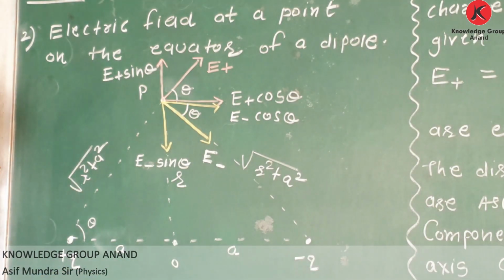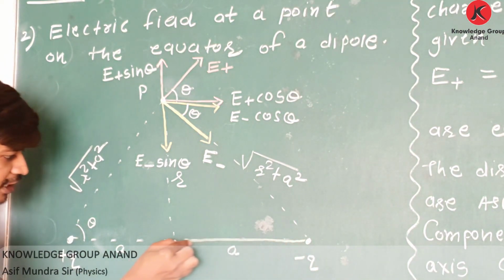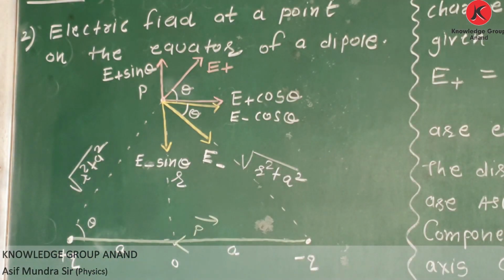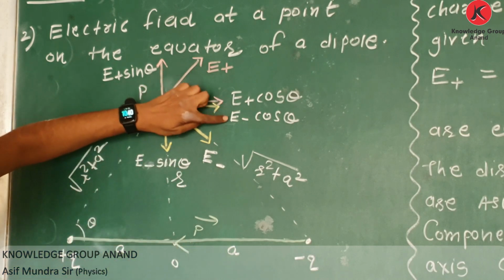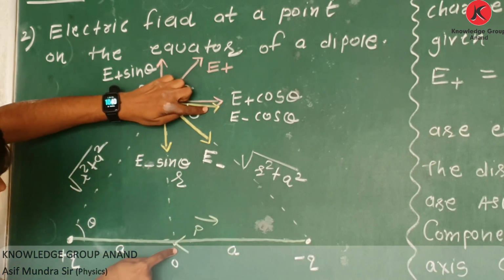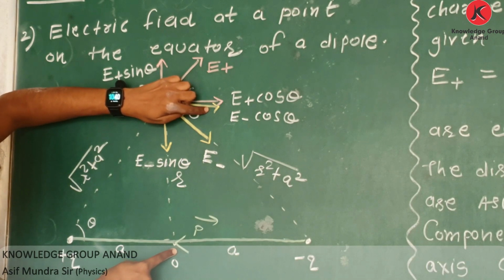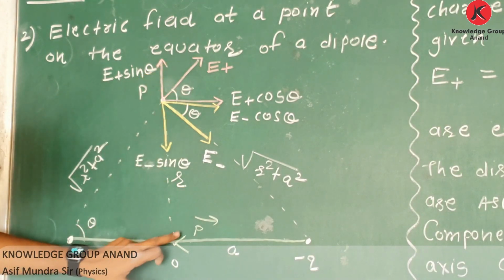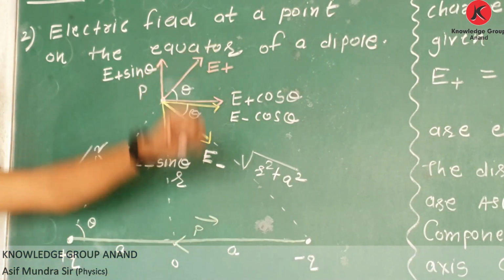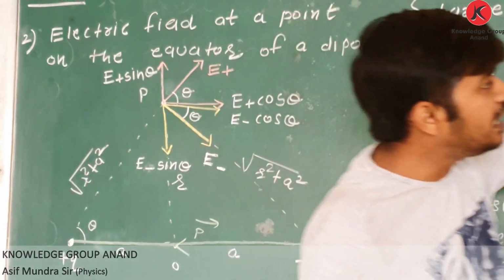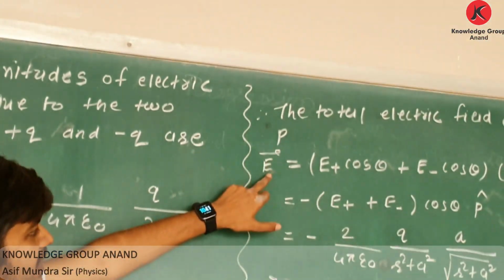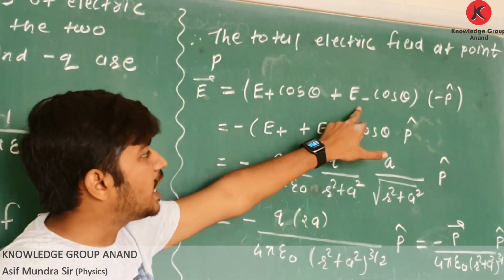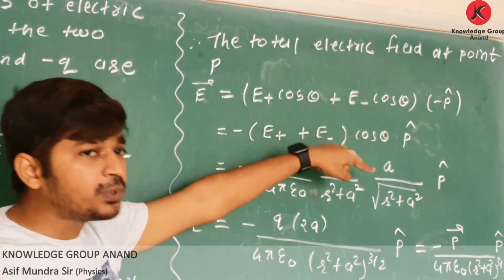Now see, these two components, E plus cos theta and E minus cos theta, are in which direction? Minus q charge, plus q charge, so it is the direction of electric dipole moment P. These two components are in the opposite direction of electric dipole moment, so you have to write the unit vector in the opposite direction of P. The total electric field at point P, E, is equal to E plus cos theta plus E minus cos theta, minus P caret.